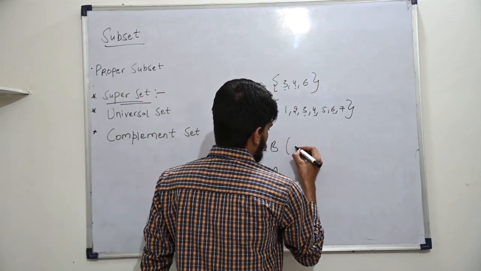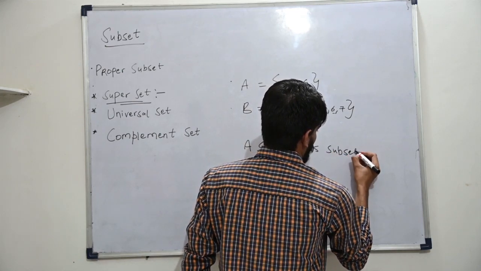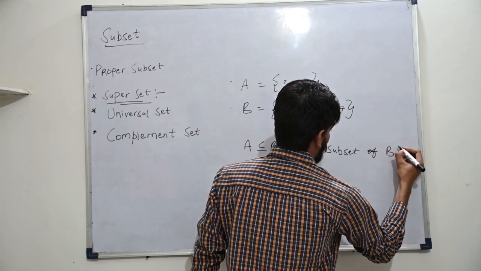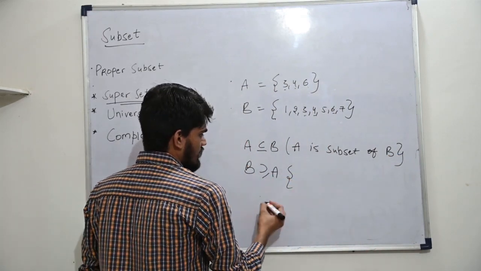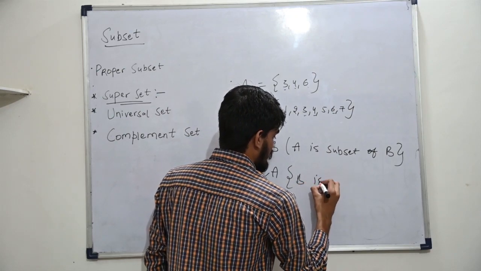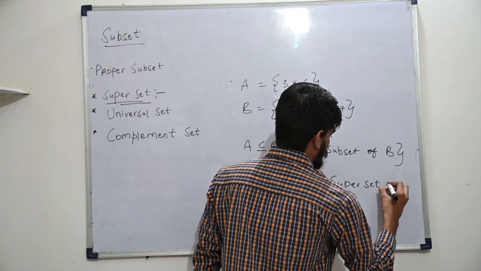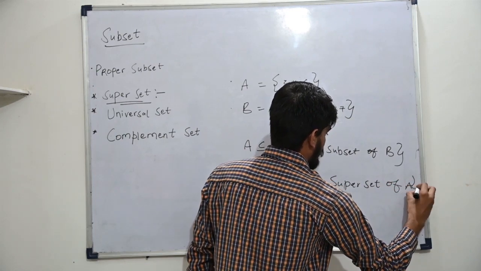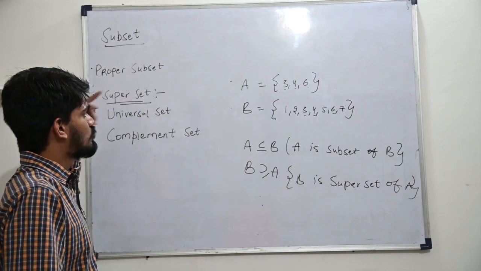This represents A is a subset of B, set A subset of set B. Here B is a superset of A. So that's what subset and superset are.